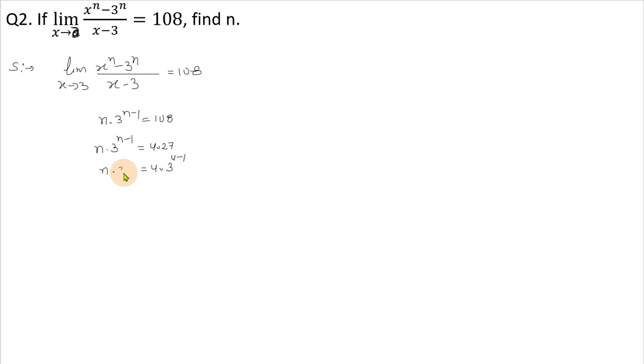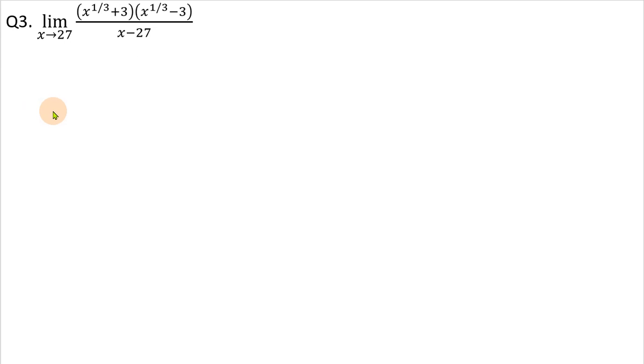So comparing this, we have 3 on both sides, so this implies n equals 4, and that's the answer. By comparing both sides we get n equal to 4. So it was again a very simple question.